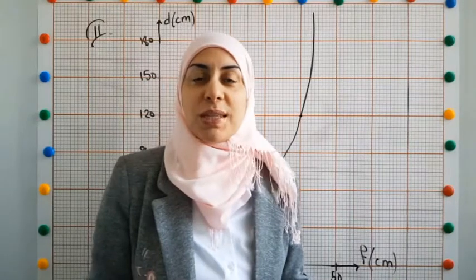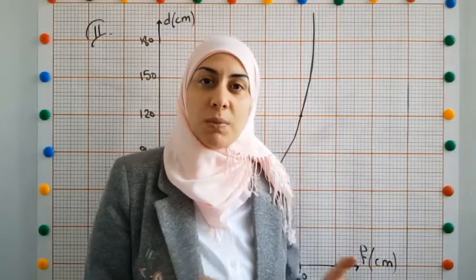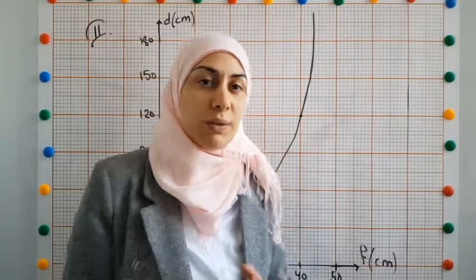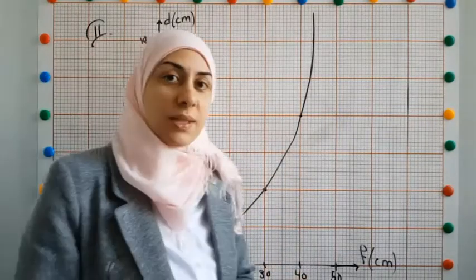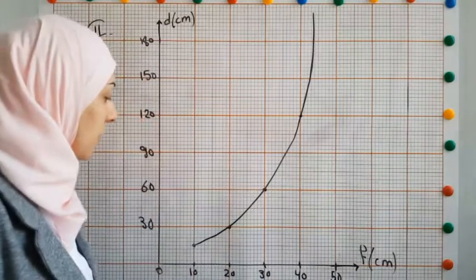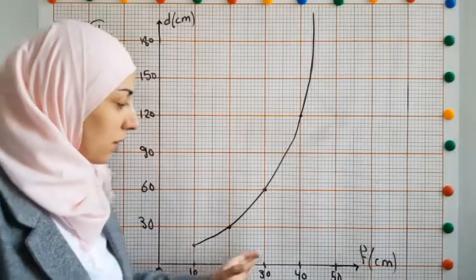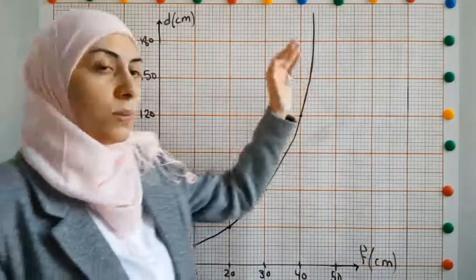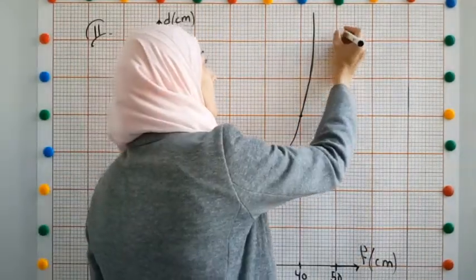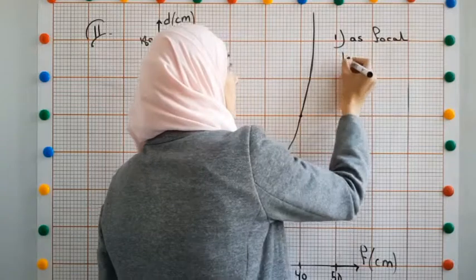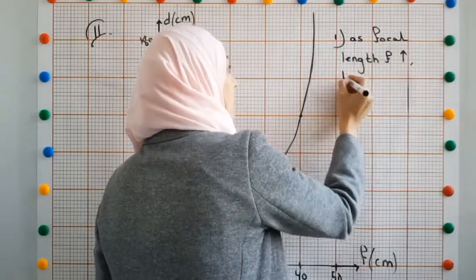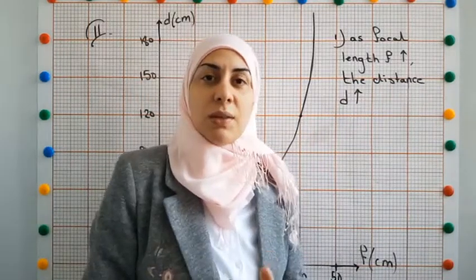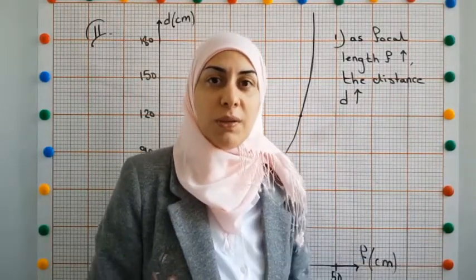In this part, we want to see if the distance D between the image and the converging lens increases or decreases as the focal length increases from 10 to 40 centimeters. Looking at the curve, we can see that as the focal length increases from 10 to 40 centimeters, the distance D also increases. It means that the image is formed further away from the lens.